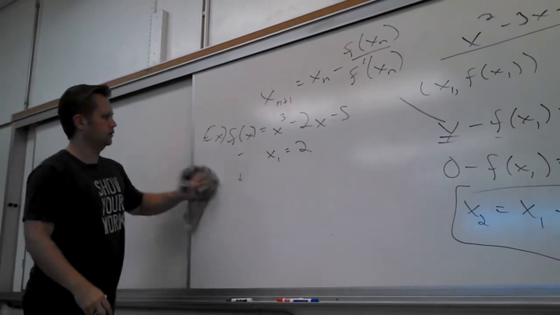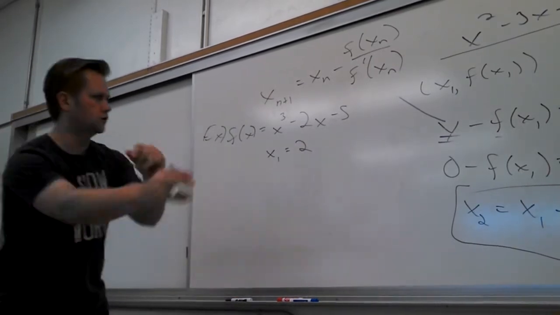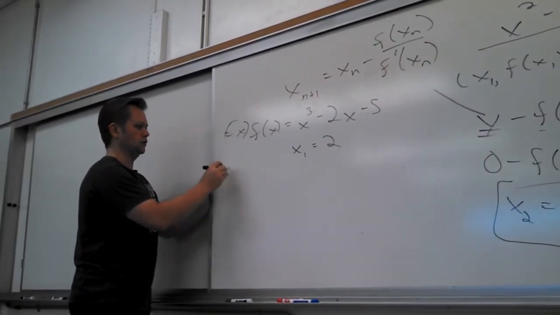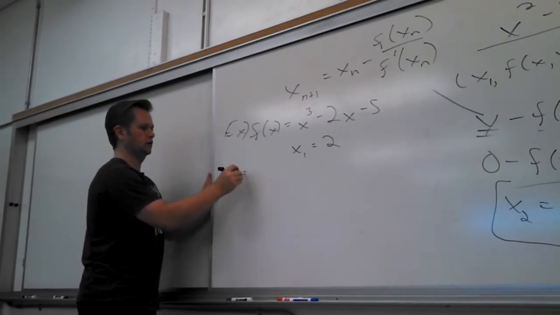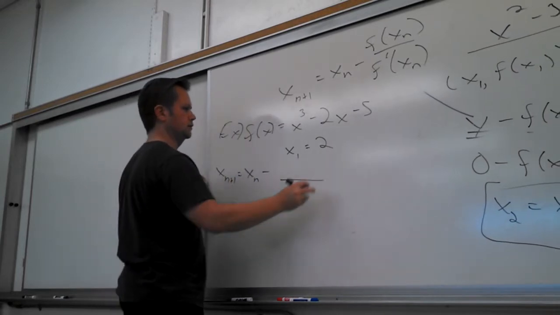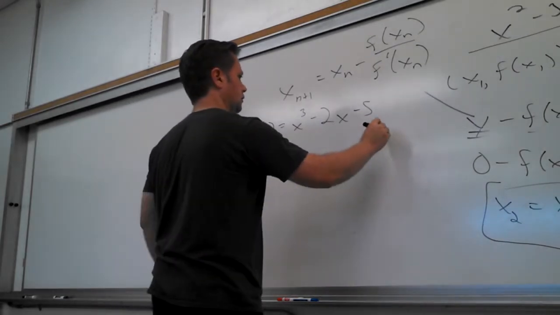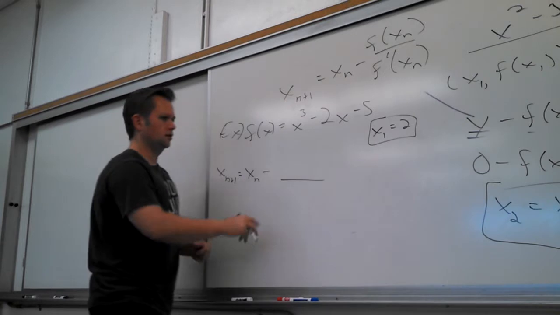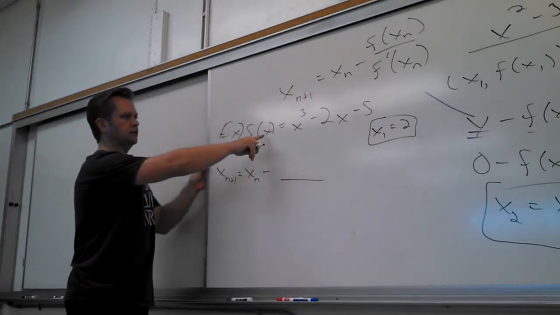Well, a really good idea. Let me see if I can show this to you real quick. Let's first build what xn plus 1 is. It would be xn minus, so that's going to be our guess, minus f of xn. Well, what's f of xn?